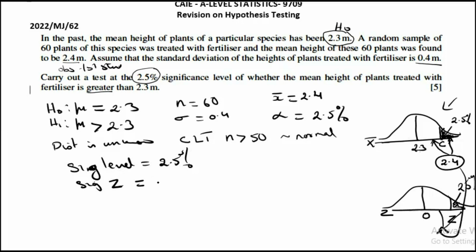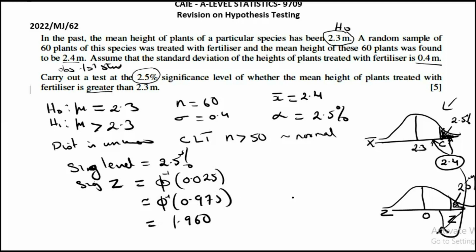So what we're going to do is we're going to take the phi inverse of 0.025, which is the same as phi inverse of 0.975, and you will get from the table 1.960. Now, since this is a right-tailed, 1.960 is going to be positive.